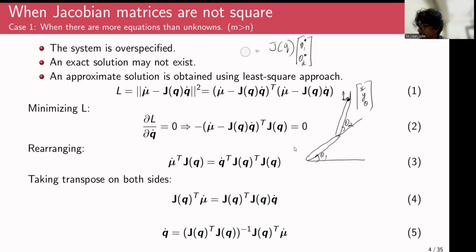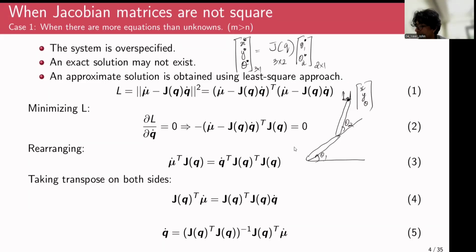Whereas mu dot in this case would be x dot, y dot, and theta dot. You are trying to achieve desired velocities in x direction, y direction, as well as theta direction. So this would become a 3 by 1 matrix. On the right hand side, the vector of joint space variables is basically a 2 cross 1 matrix. And the Jacobian in this case would become a 3 cross 2 matrix.